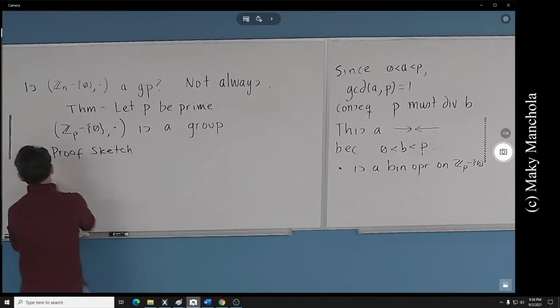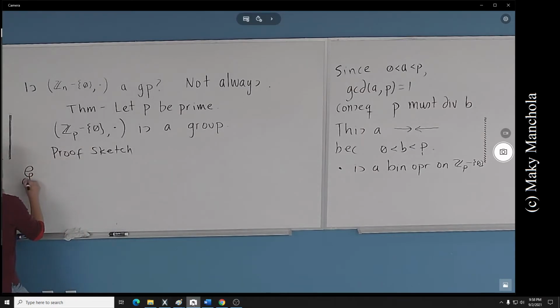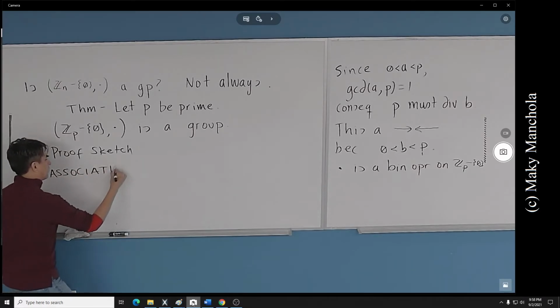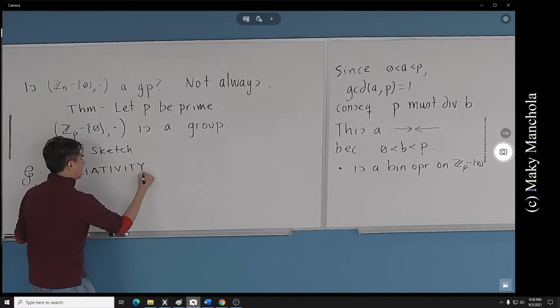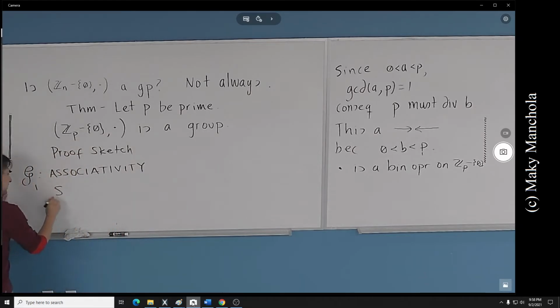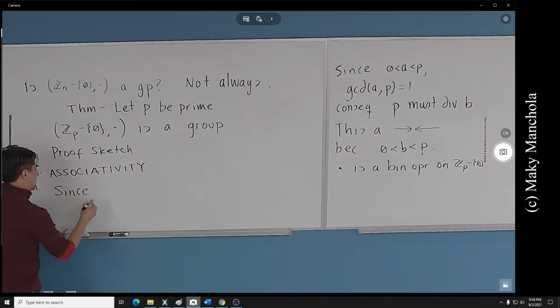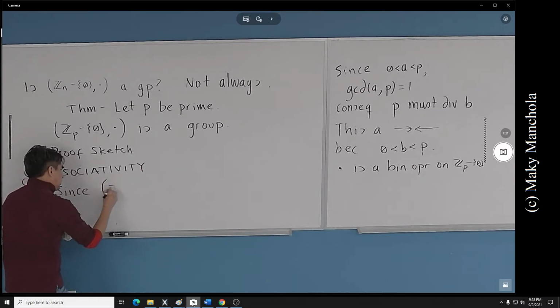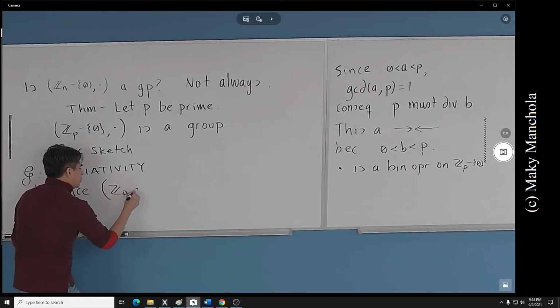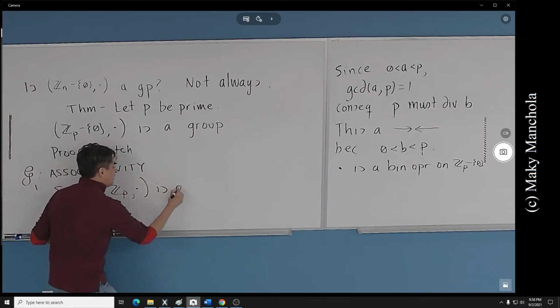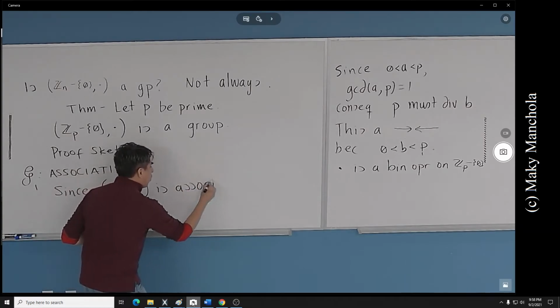Let's say it this way. G1, associativity. Verifying associativity. So since the structure ZP under multiplication is associative, that's something that we already own.